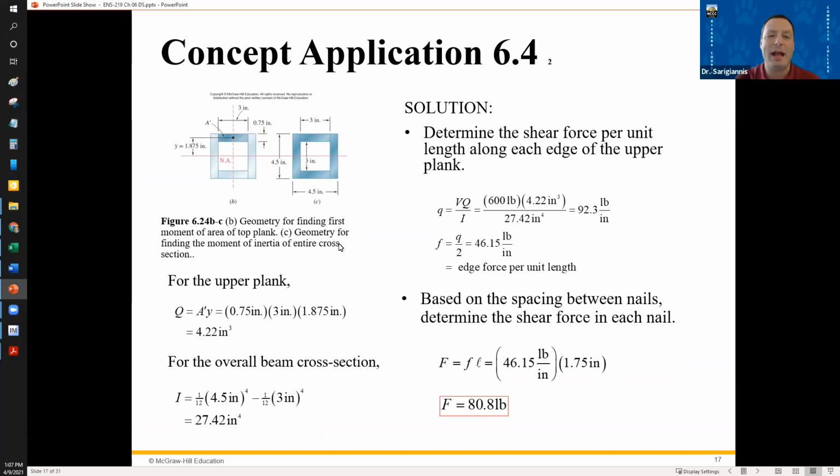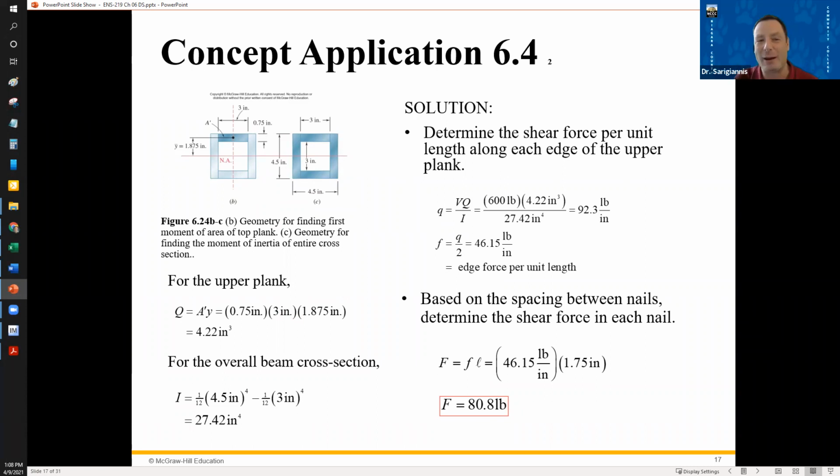If you look at the entire upper plank, we've got an area that's the thickness, 0.75 inches, by 3 inches, this shaded region here. That's your area. And then Y, the distance from the centroid to the neutral axis, is 1.875, right? This is just geometry and algebra, it's just math. That gives you Q.